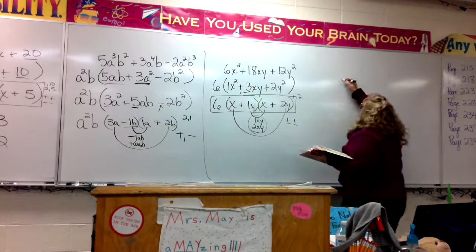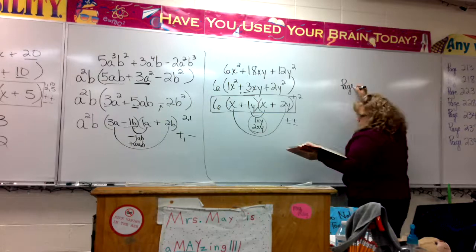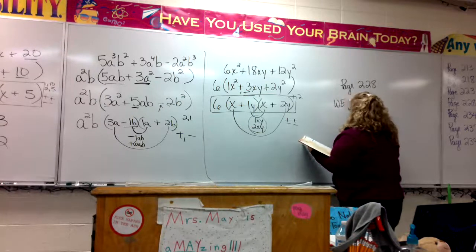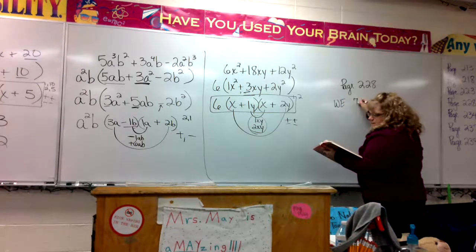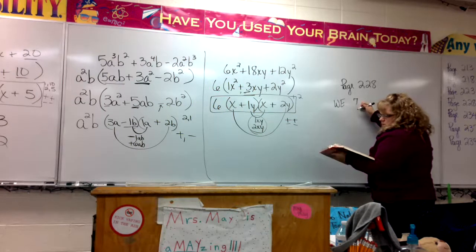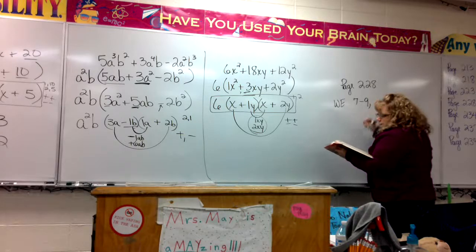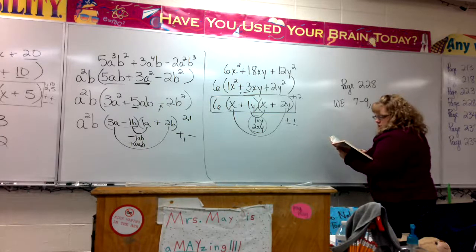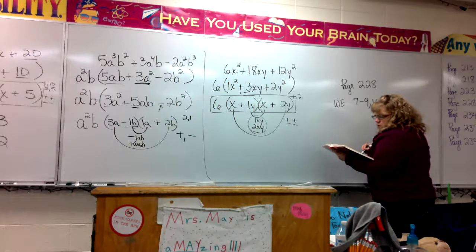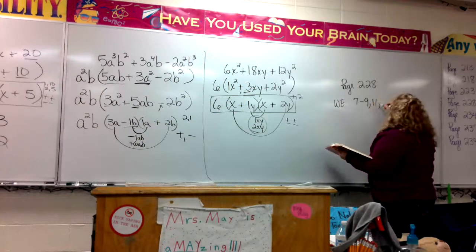So I am on page 228, and we shall start with 7. 7 through 9. I don't like 10. I crossed it off. 11. I don't like 12. I crossed off 13 and 14. 15.